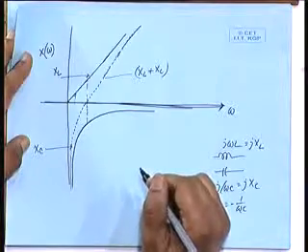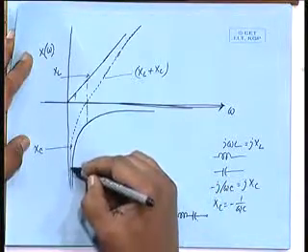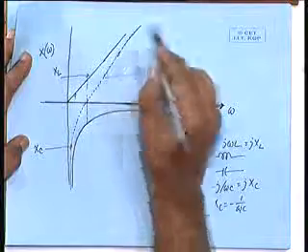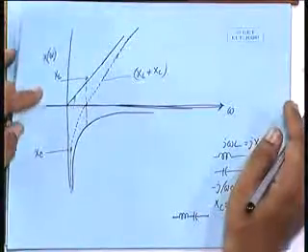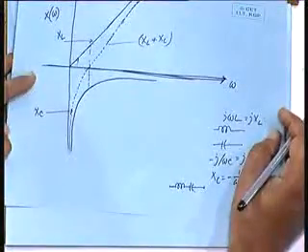Is that all right? If I take a series combination, the reactance varies like this. What about the admittance? Let us see the admittance of this.